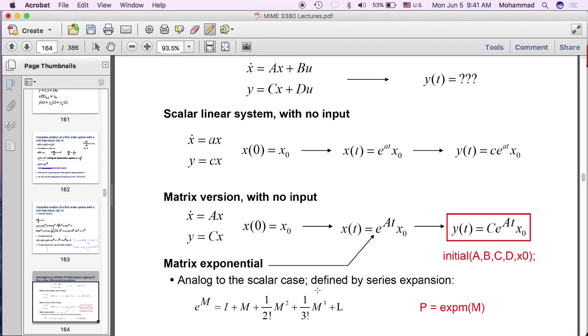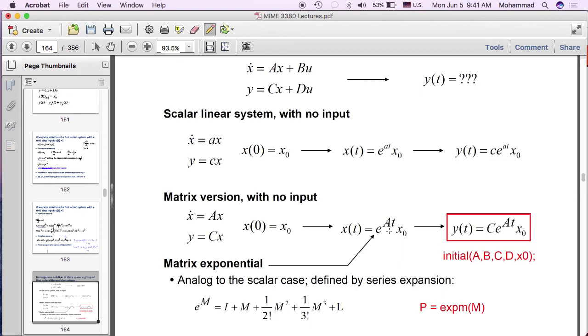So we can bring into the solution the fact that x of t would be e to the power at times x naught, where a is the root of the characteristic equation. Now this was when we have a scalar equation. When this becomes a matrix, so when x dot becomes Ax, there is no difference. Again, we have the matrix as the exponent.